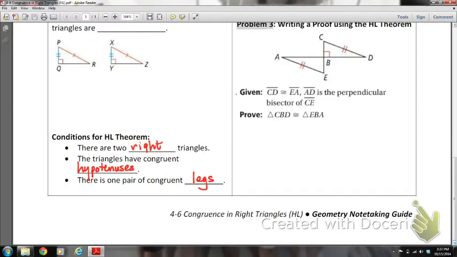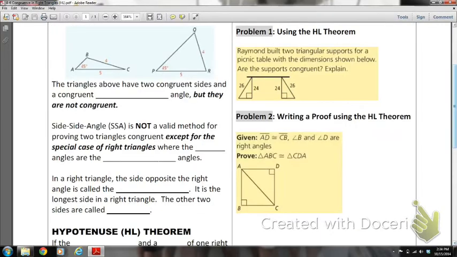So let's look at problem 1 with examples. In problem 1, it says Raymond built 2 triangular supports for a picnic table with the dimensions shown below. Are the supports congruent? So in other words, it's asking, are the triangles congruent? And explain why or why not. So let's look at these triangles.